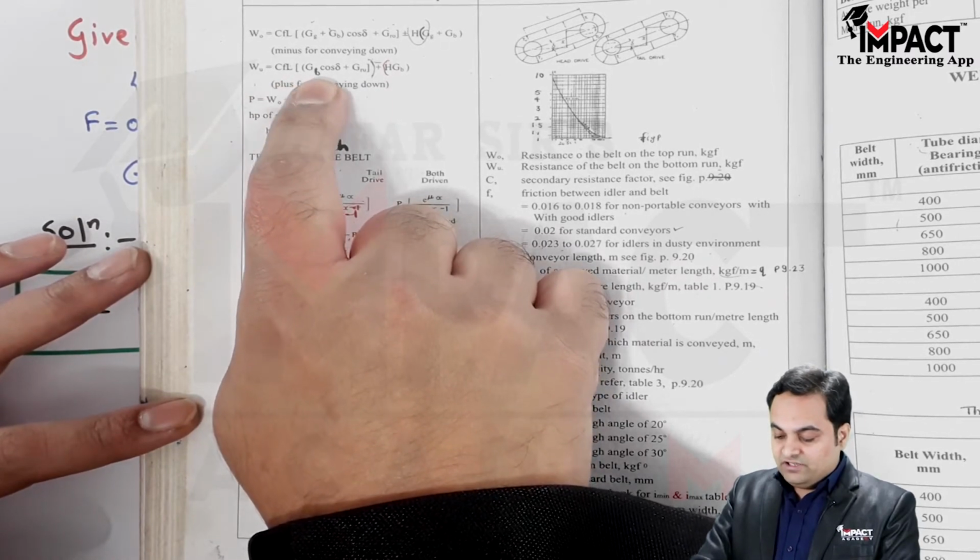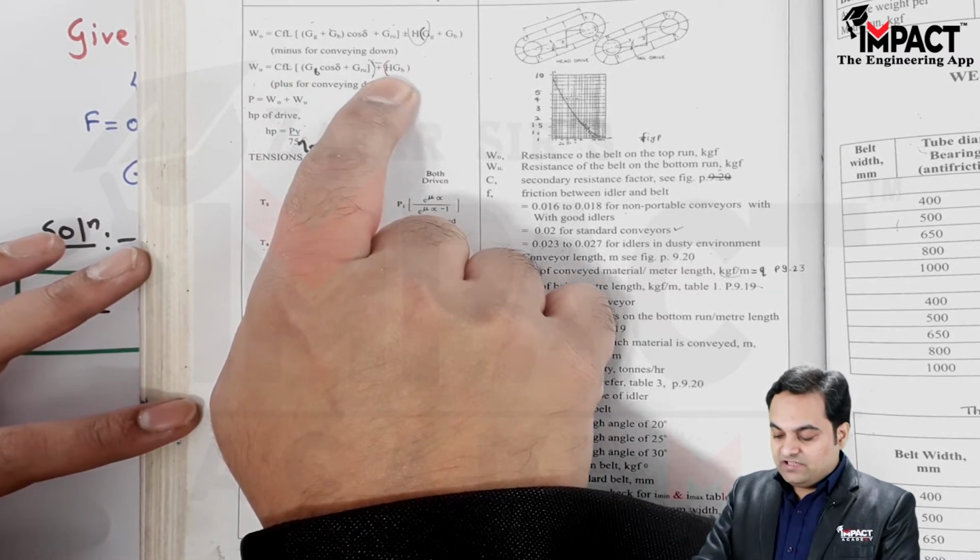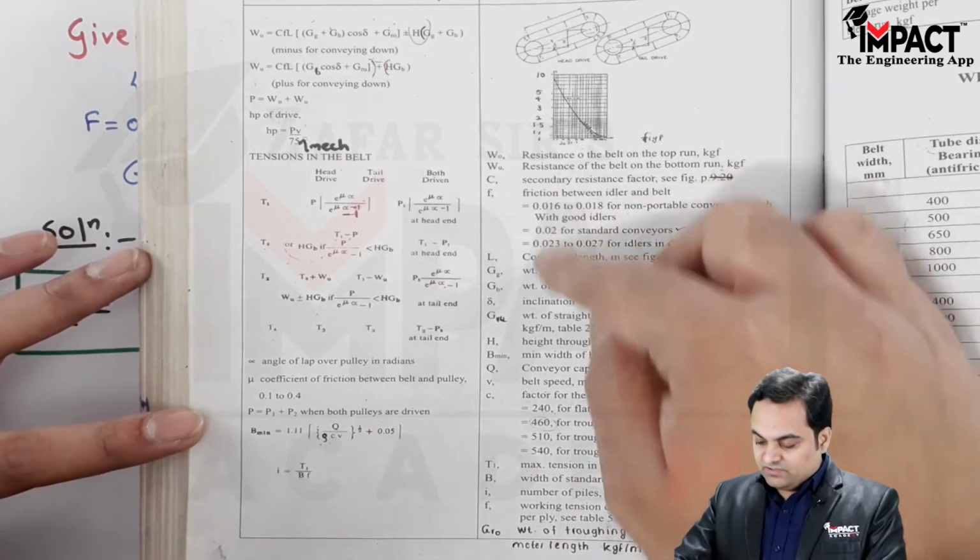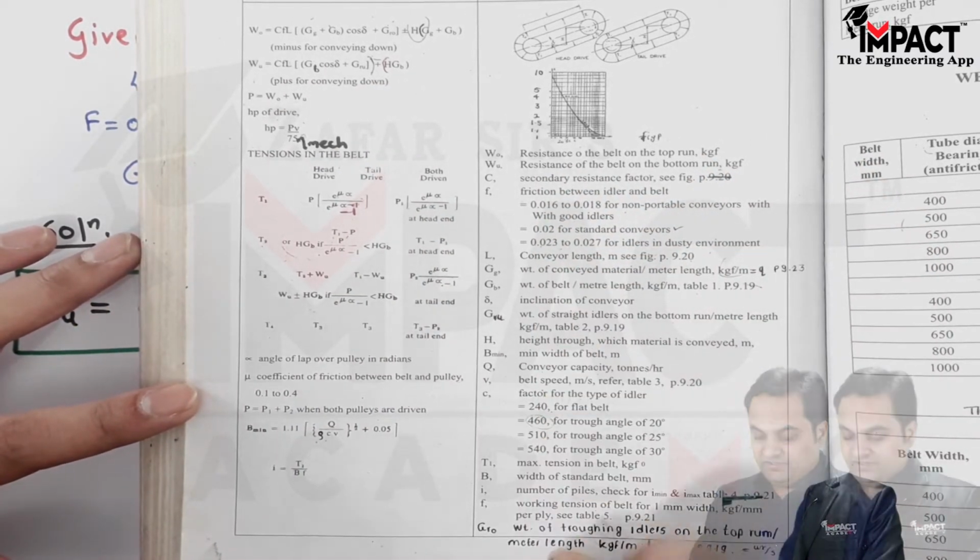Then CFL, GB, GRU, all these terms are given here, and I have written that in the data as well.